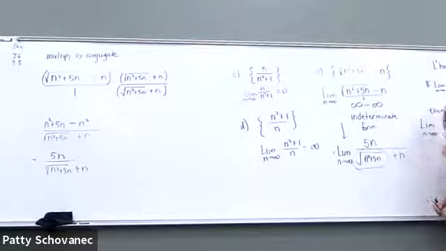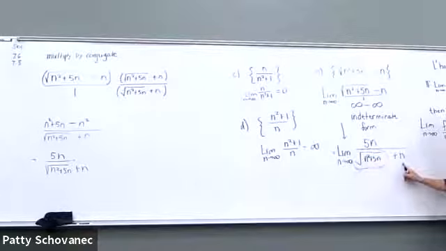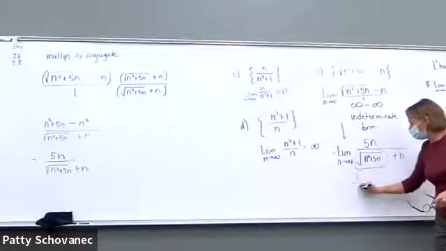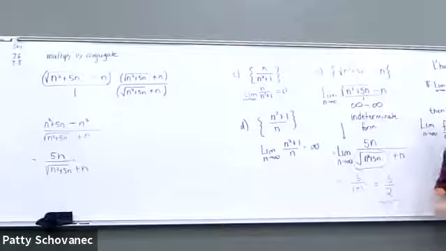So that behaves like a power of n, that behaves like a power of n, and so does that. So we should get the ratio of the coefficients. So I should get a 5 here, square root of 1 here, and a plus 1 here. So I get 5 over 1 plus 1. But you kind of remember it now, right?